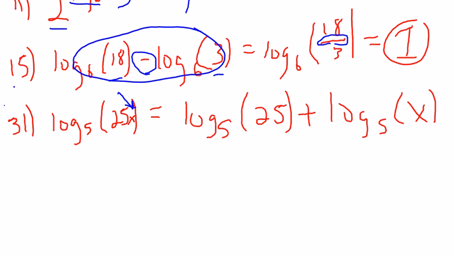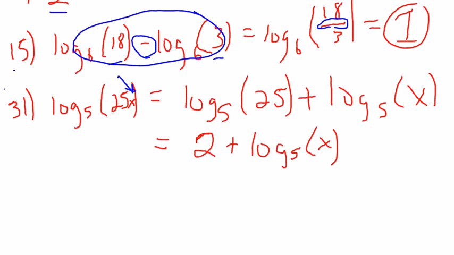The directions are kind of unclear. You could leave it like this, but you should know that log base 5 of 25 is 2, because 5 squared is 25. So if you were to continue to simplify this, you would write 2 plus log base 5 of x. That's your answer. Okay, moving along.